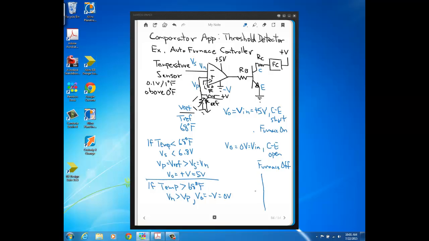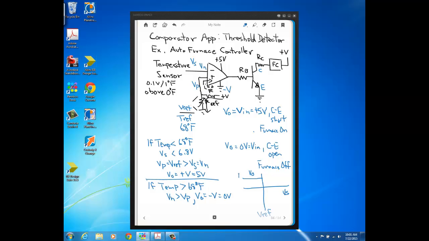And I just want to make a little graph of this. Okay, a graph of V out versus V in for a comparator. We'll label it Vs here, because we called our input Vs. If this vertical line here is our reference voltage, when our Vs is less than the reference voltage, that's when the furnace is going to be on.